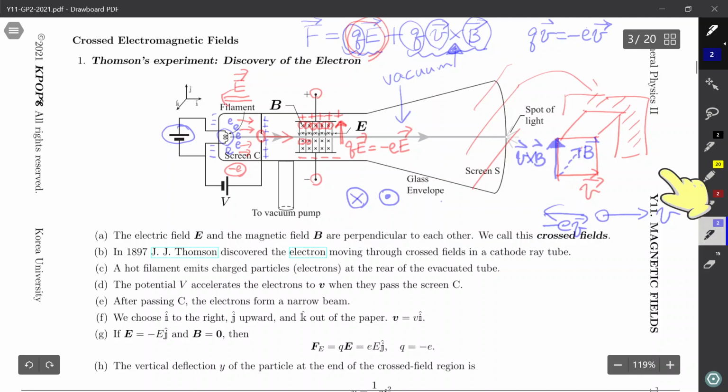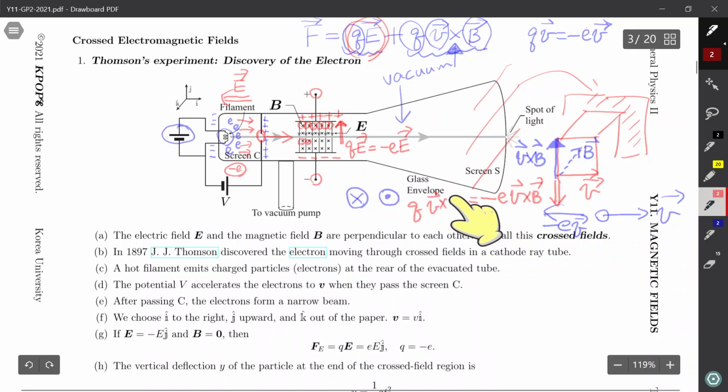Because V cross B is upward, minus E V cross B, that is Q V cross B, is downward. So here the electric force is upward and the magnetic force is downward.